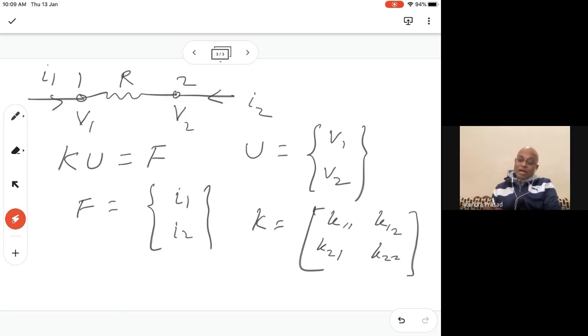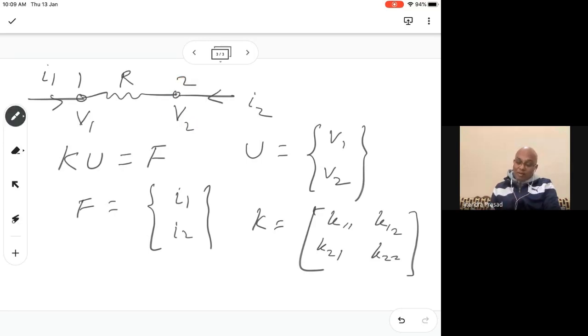In this case, what we mean by force is current, and displacement means voltage, right? So we are fixing V2, making it equal to 0.